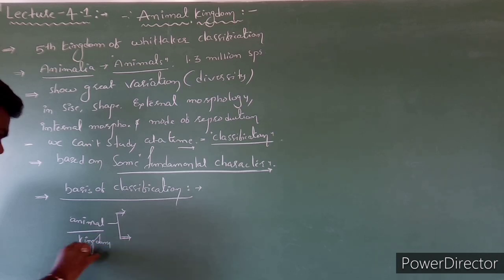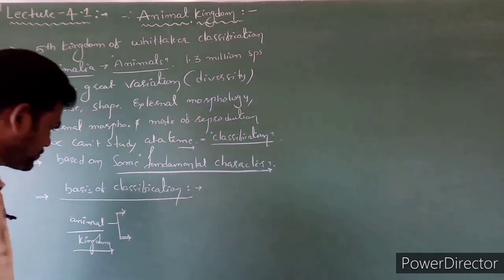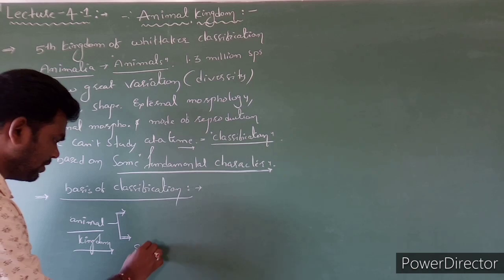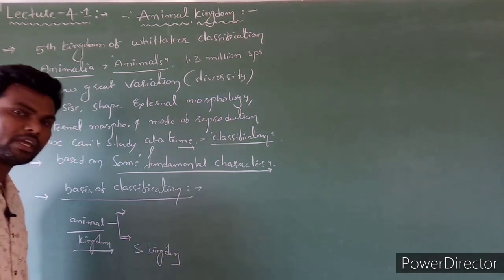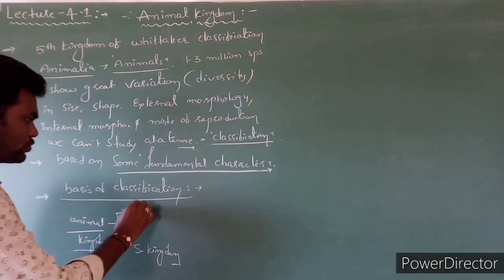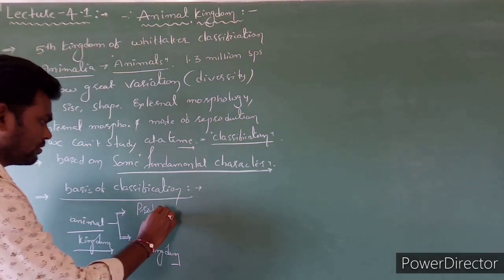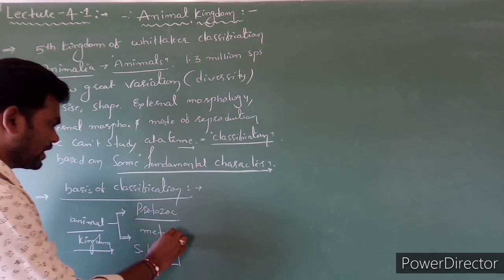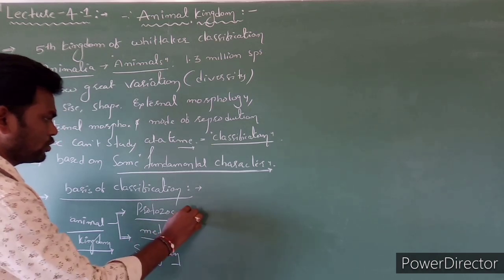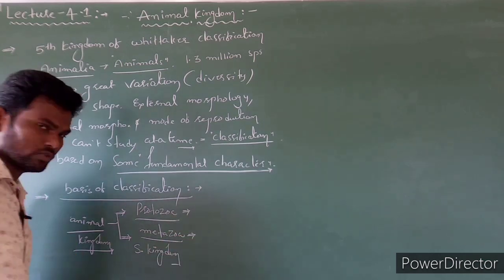First rank is kingdom. Next, the sub-kingdoms are Protozoa and Metazoa.